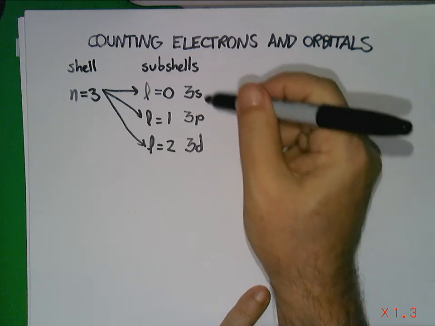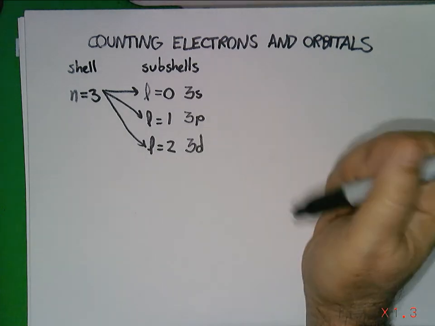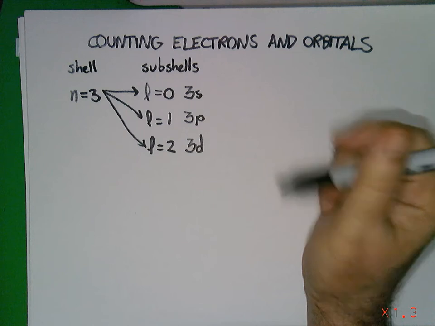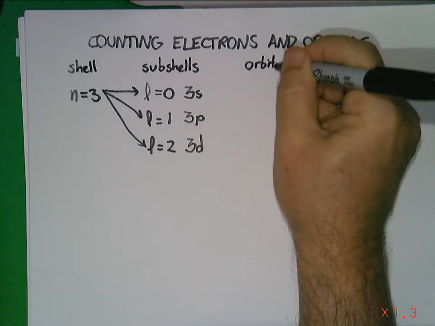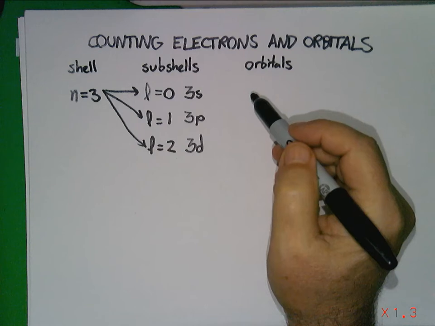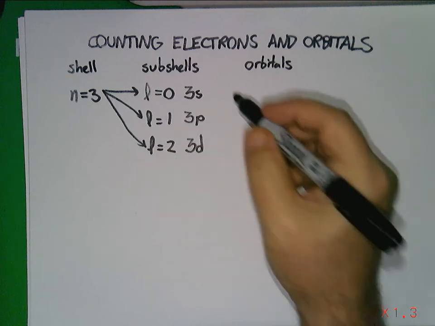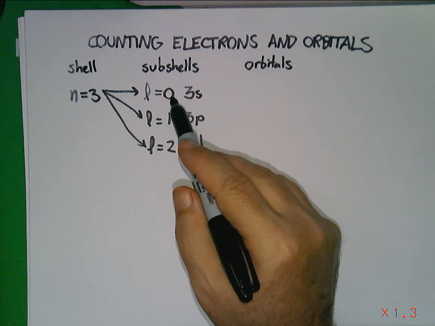Okay, so I have 3 subshells in the third shell, I can say, and their names are 3s, 3p, and 3d. Now let's figure out what orbitals I can have. Every m sub L value that I can have is an orbital. So let's figure out how many m sub L values I can have for each of these L values. For L equals 0, I have to go from minus L up to plus L through 0.